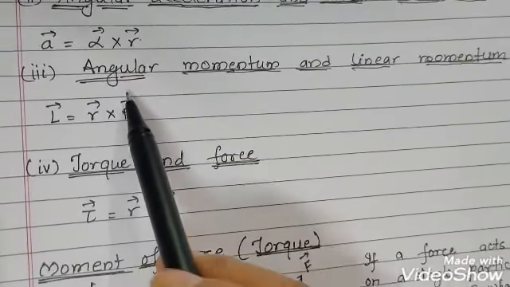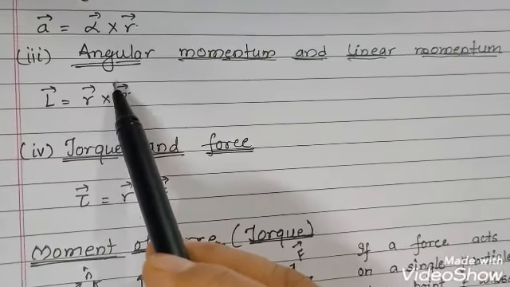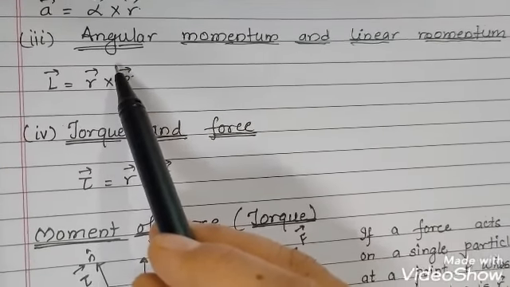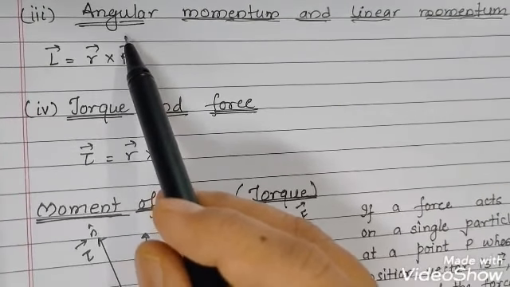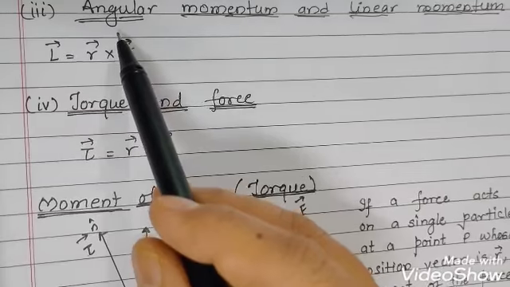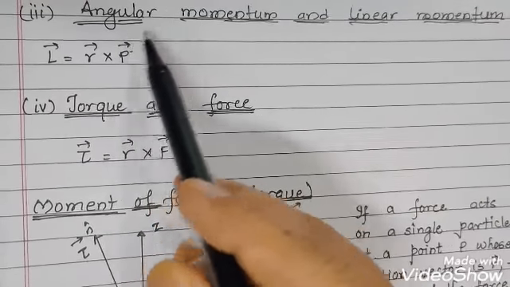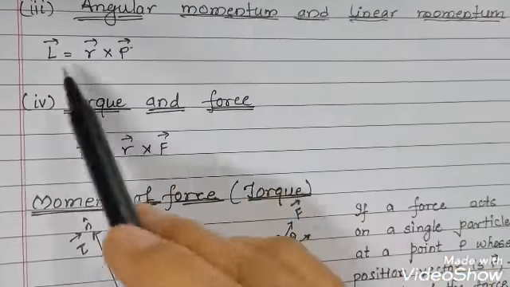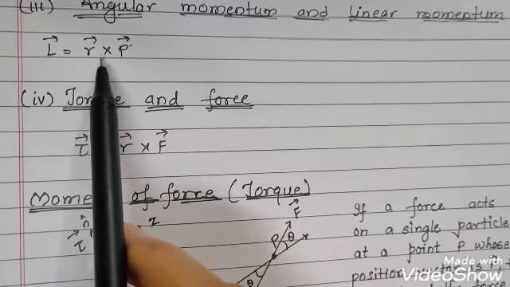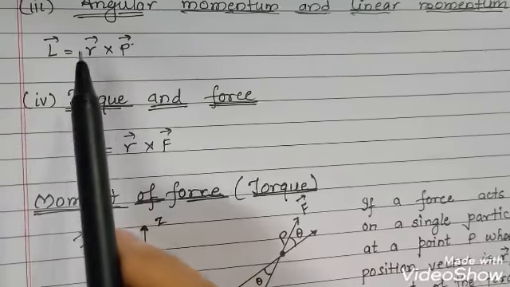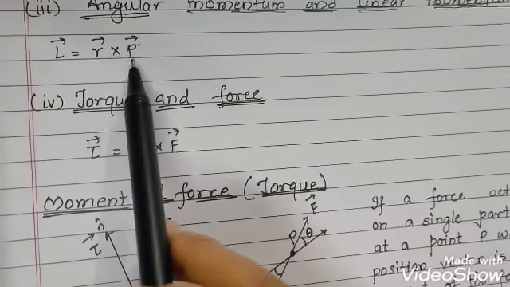Next we'll see the angular momentum. This is the new physical quantity which I was talking about, and we will learn more about it in detail. The angular momentum will be equal to the cross product of the radius and the linear momentum.